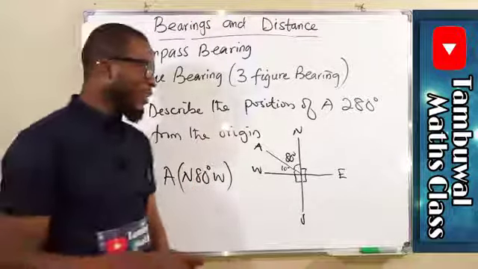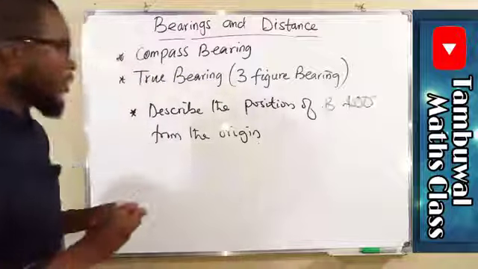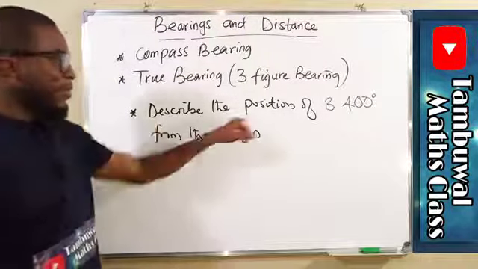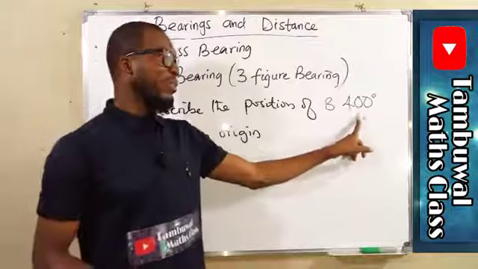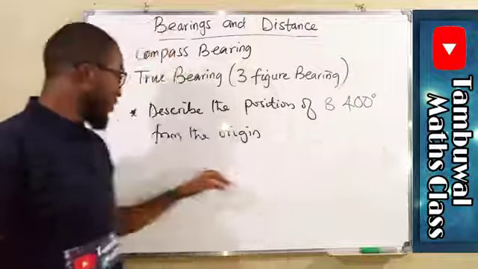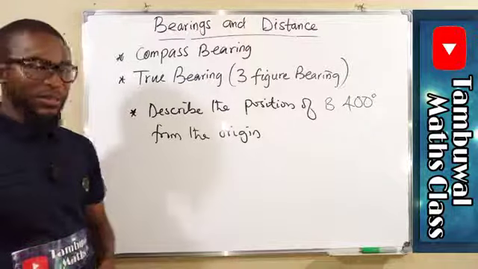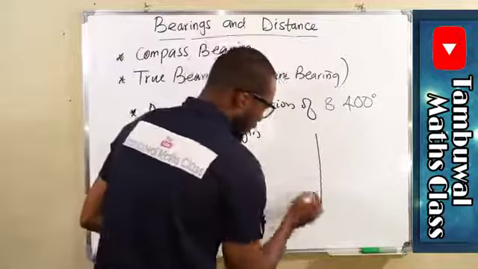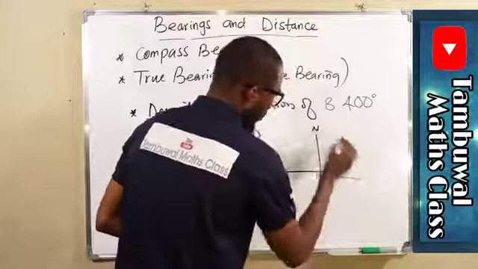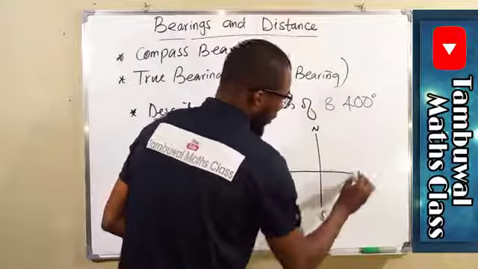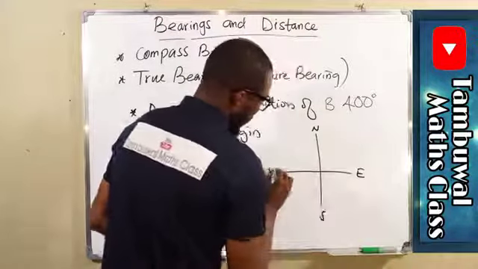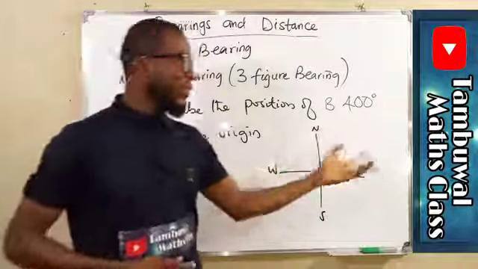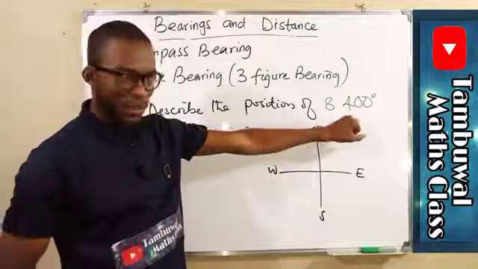Let us look on to another one. Okay, here is another one. You can see we are asked to describe the position B, which is 400 degrees from the origin. 400 degrees. Our cardinal points, we have north, we have south, we have east, we have west. This is even more simpler to find. This is 400.